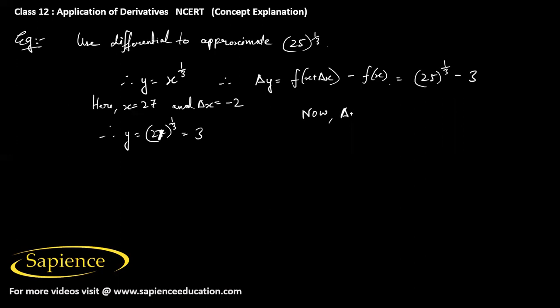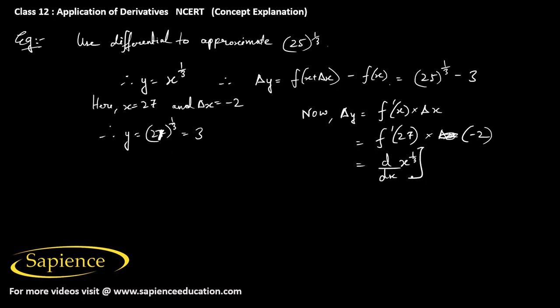Now delta y can be written as f dash x into delta x. So that will be f dash 27 into delta x, which is minus 2. So f dash 27 is d by dx of x power 1 by 3 at x equal to 27 into minus 2.